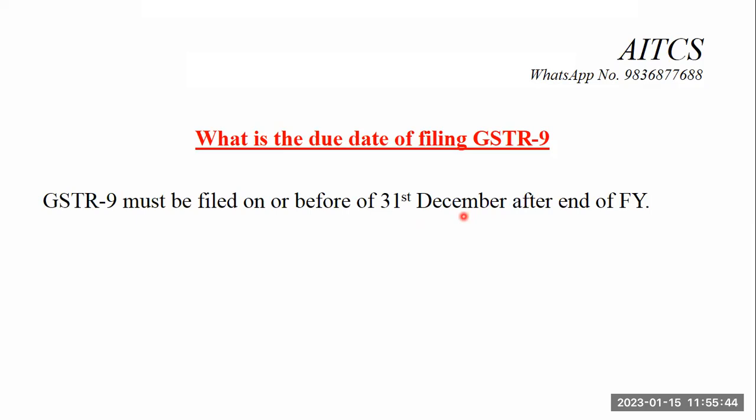For example, for the financial year 2021-22, which ends on 31st March 2022, the last date will be 31st December 2022. In this way, the last date is derived.